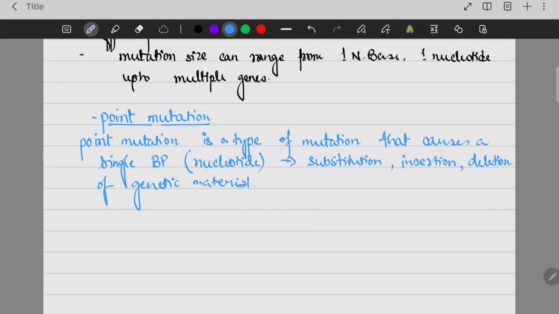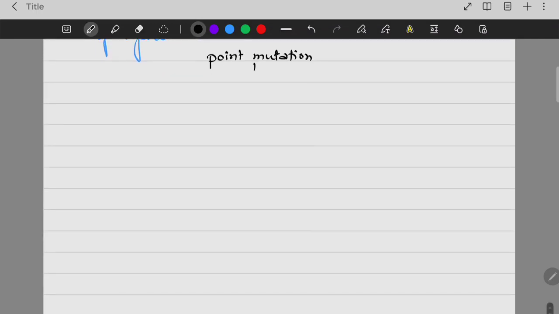Now this point mutation is basically of three types. One is the silent, one is nonsense, and another is missense.